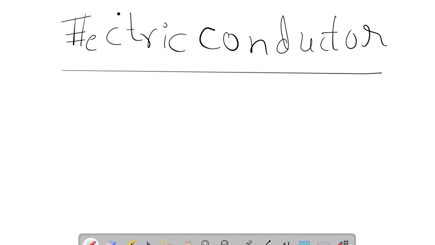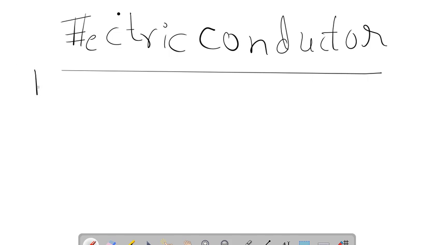See, before going to the concept capacitors, let me discuss some concept related to your syllabus, that is electric conductor. The substance which allows electricity to pass through them is called an electric conductor.